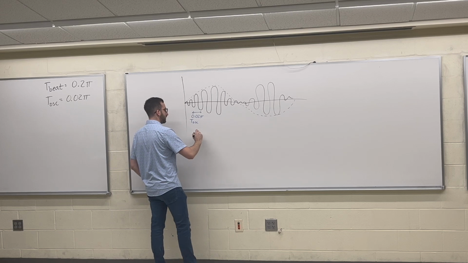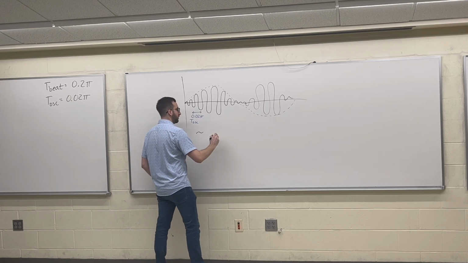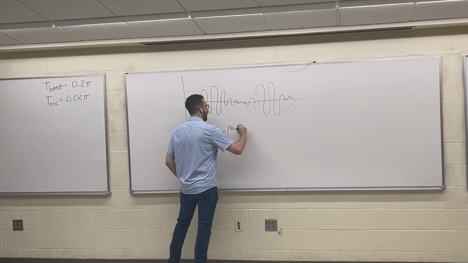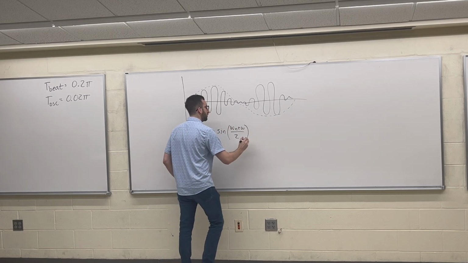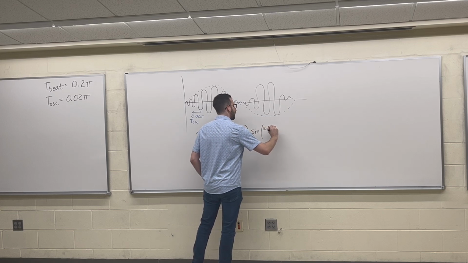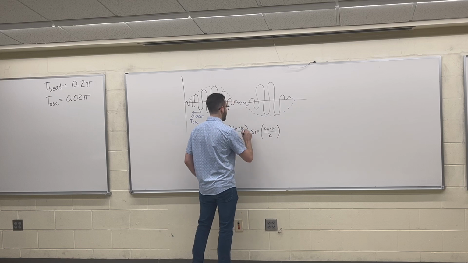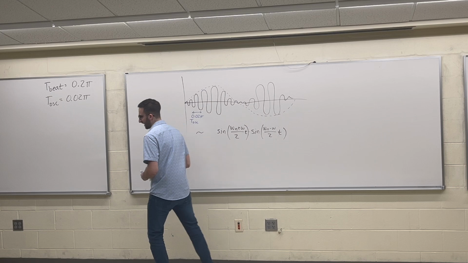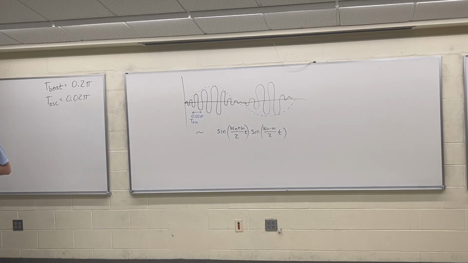I don't remember what the amplitude is, but it's sine of (omega n plus omega)/2 times sine of (omega n minus omega)/2 of t. I think that's right. Can anybody confirm that for me? Yeah, that's right.